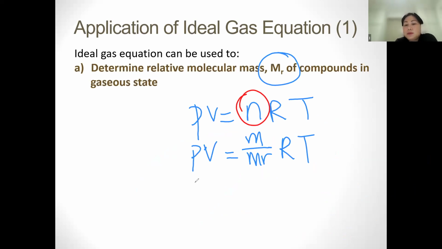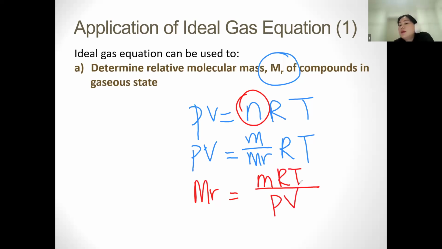And we make Mr the subject. Mr equals to mRT over PV. So if I substitute the mass multiplied by gas constant multiplied by temperature in Kelvin divided by pressure in Pascal, volume in meter cube, I will get the Mr of the gas.